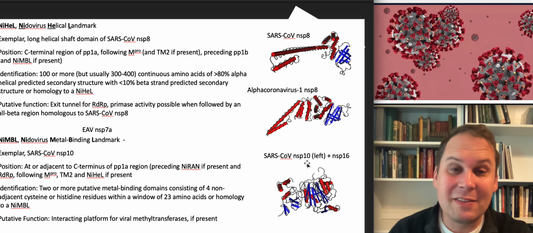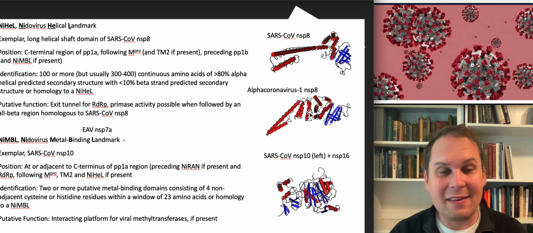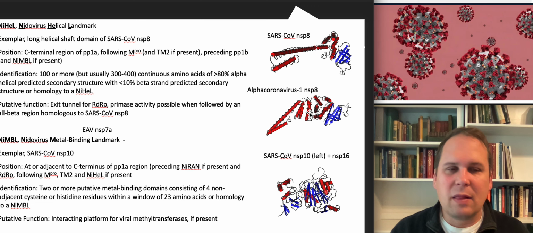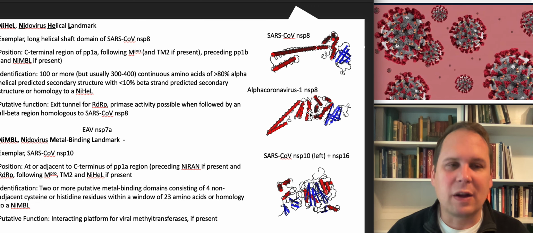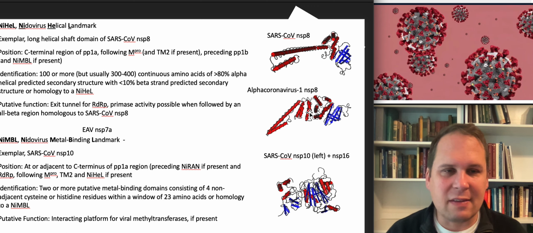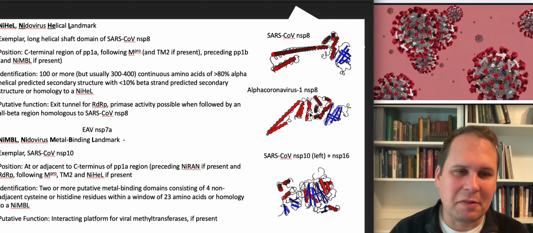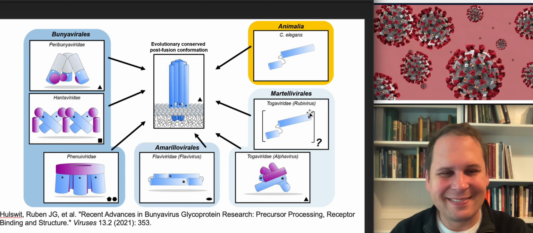And it's always located just after the NSP8 equivalent. So these are things that look similar at the level of structure or predicted structure in these cases, but you cannot find any similarity at the RNA level or at the amino acid level.